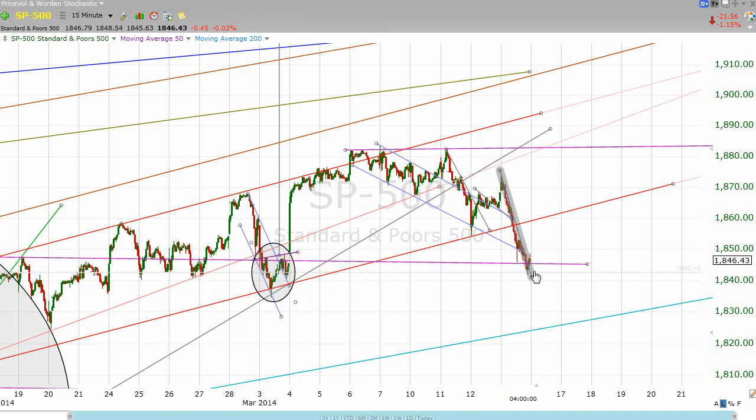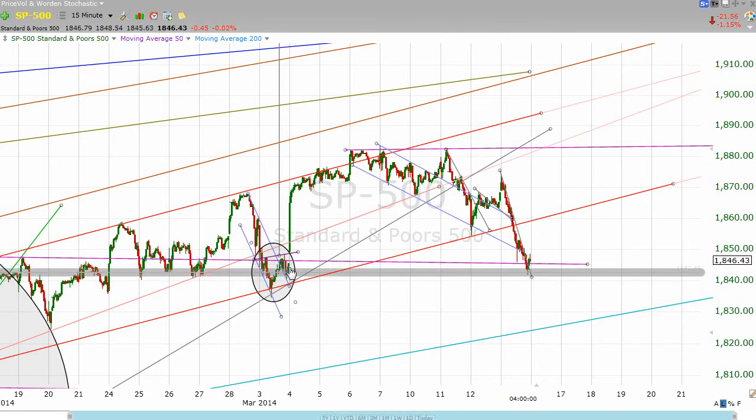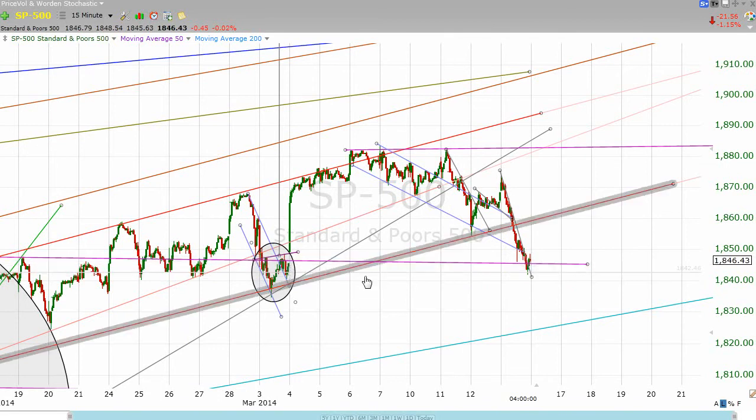Maybe that's one reason why we got, at least what appears to me, a little bit of a bounce here. Additionally, we have this gap right here from the 4th, which now has been closed. I'm not a big believer in gaps having to be closed, but often when they are closed, you do see a bounce because of the psychology of gap support or gap resistance.